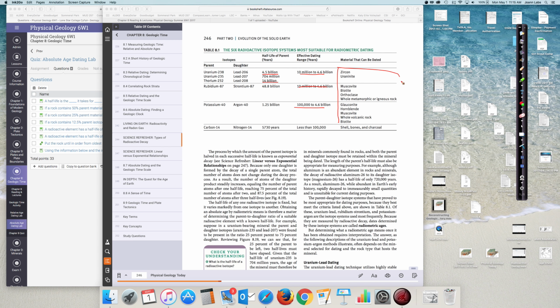These are igneous and metamorphic rock mineralogies. You can find some of these in sedimentary rocks, but like I said, when you do this, you're dating the original igneous rock that it formed in, not the sedimentary rock when that formed. And then your carbon-14 you can use to date anything that has carbon in it up to about 100,000 years. So you have to be very picky and choosy because this is also very expensive still to do. So you kind of have to have an idea of the age of the sample that you're working with.